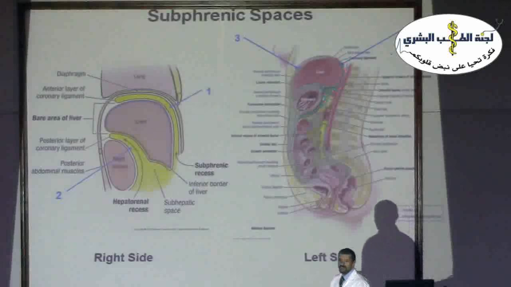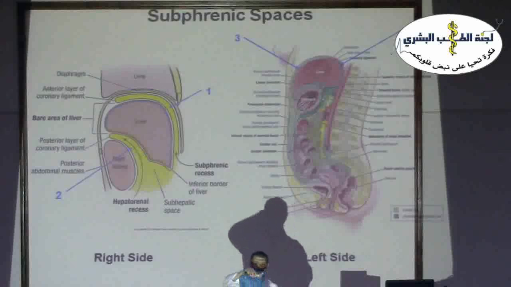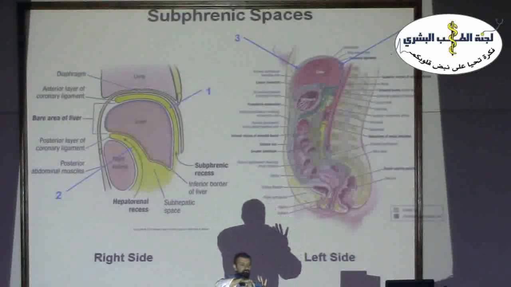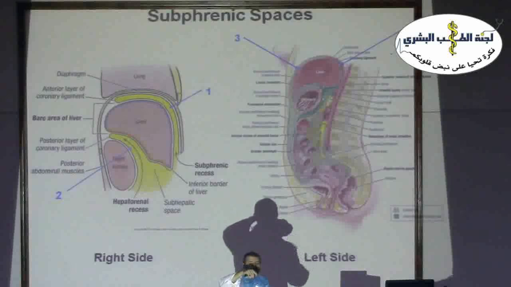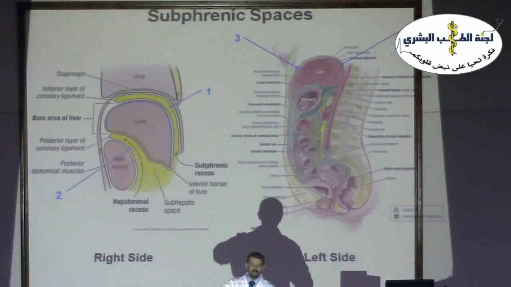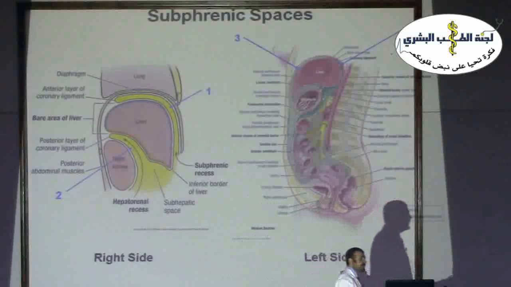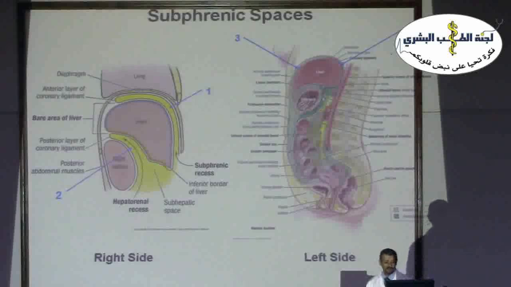So the posterior left subphrenic space, this is the diaphragm again, anterior here, the anterior left. This one here, which separates the liver from the stomach behind, extends back like this so that the stomach is here. So we name it the superior recess of the visceral sac. Posterior left is the superior recess of the visceral sac.